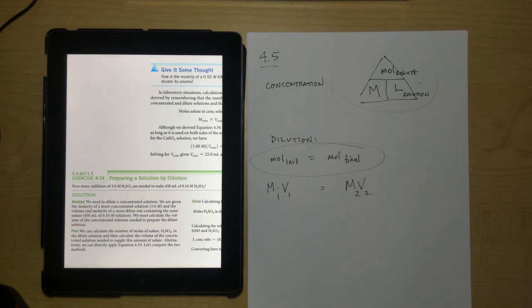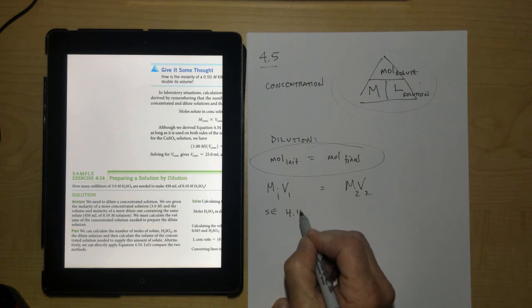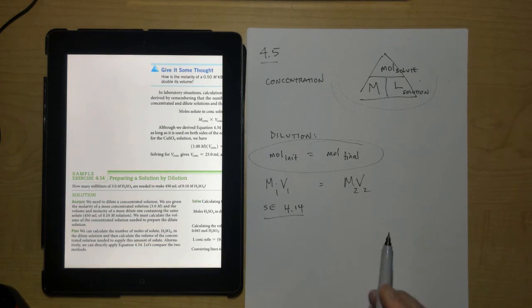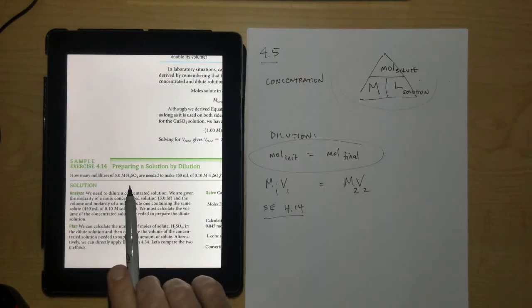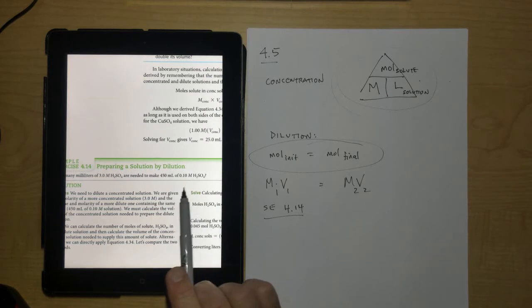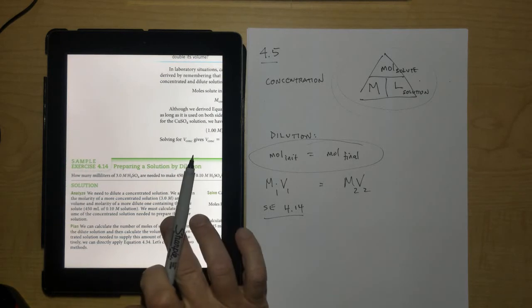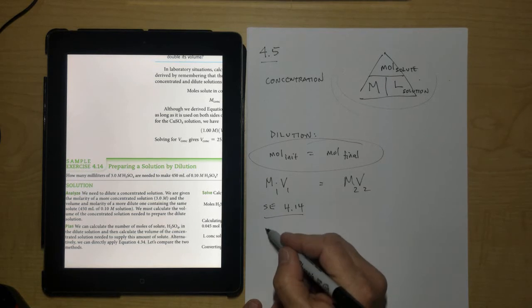So here's a preparing a solution by dilution sample exercise. This is sample exercise 4.14 in your textbook, and it asks how many milliliters of 3 molar H2SO4 are needed to make 450 milliliters of 0.1 molar H2SO4. Step number 1, I always like to write down my data.